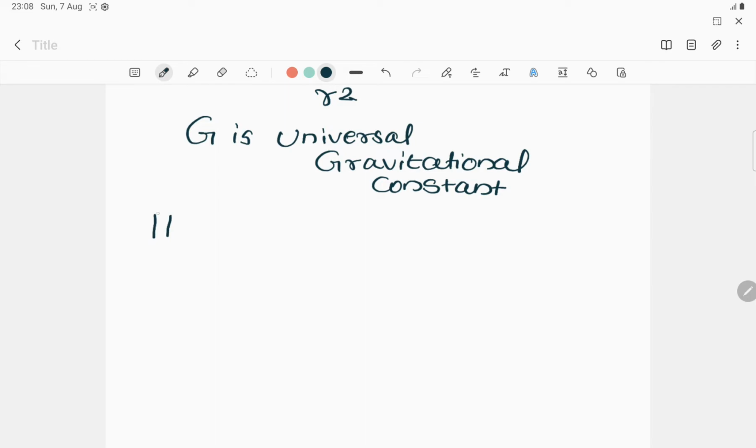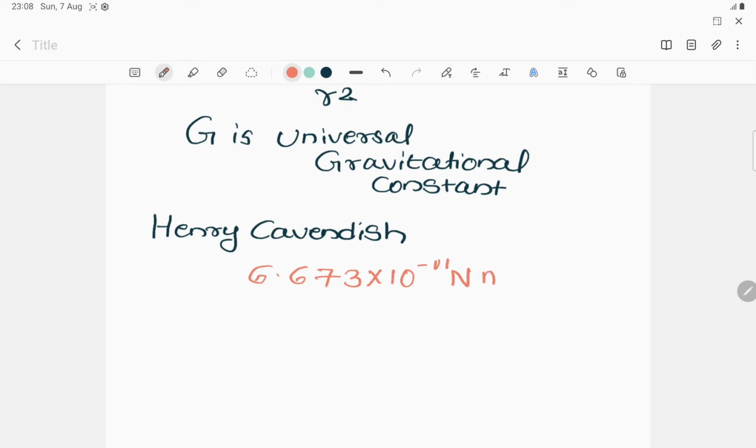Now Henry Cavendish found out the value experimentally to be 6.673 into 10 raised to minus 11 Newton meter square kg raised to minus 2.